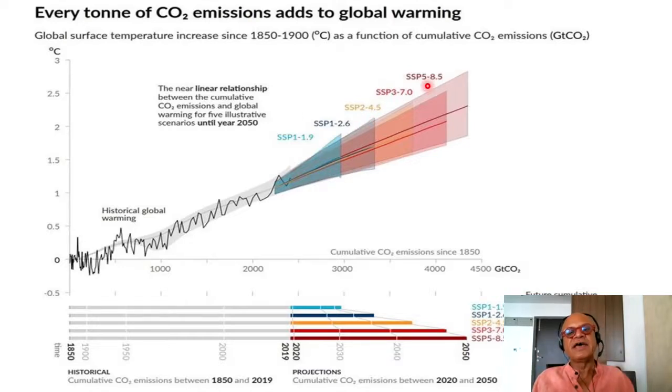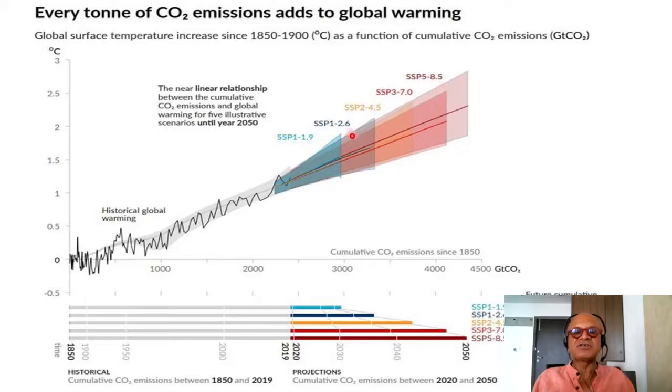For example, SSP5-8.5 is a particular shared socioeconomic pathway which results in a net radiative forcing delta F that we talked about of 8.5 watts per meter squared. This is usually referred to as business as usual. It's the highest we expect if we do nothing in terms of policies, renewable energy, changes in behavior, everything we do that is going to increase emissions.